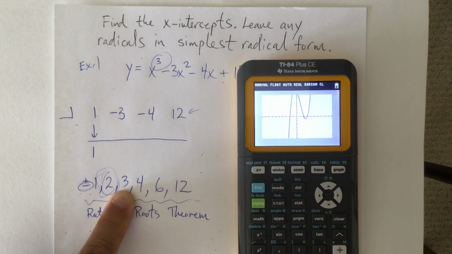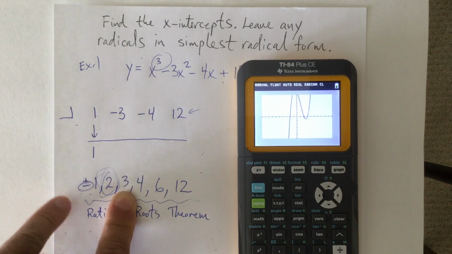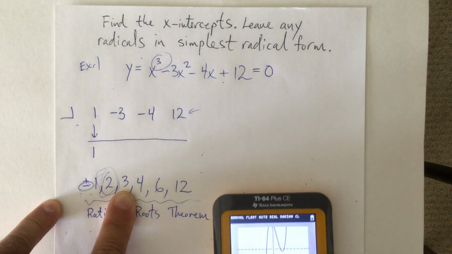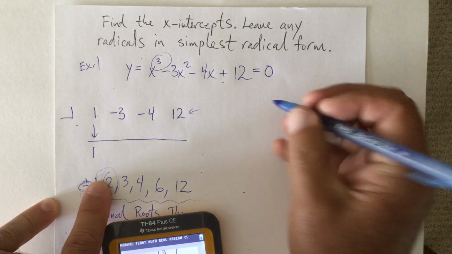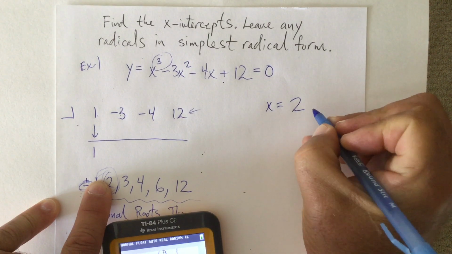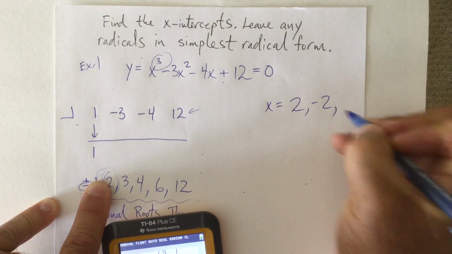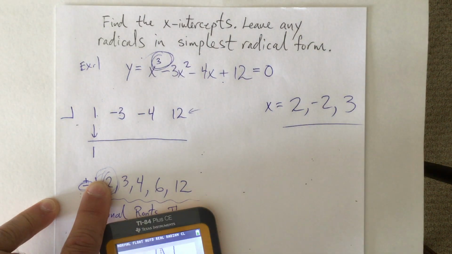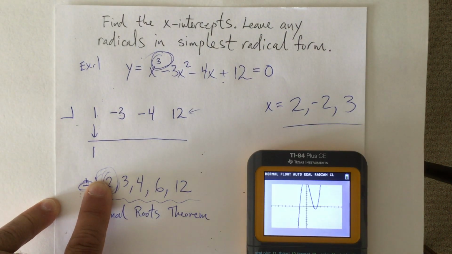This would be a criminally easy question for me to put on a test. I would never do that because your answers are right there. I'm going to just say, based on this graph, my answers are 2, -2, and 3. Those are my 3 answers for this polynomial equation.